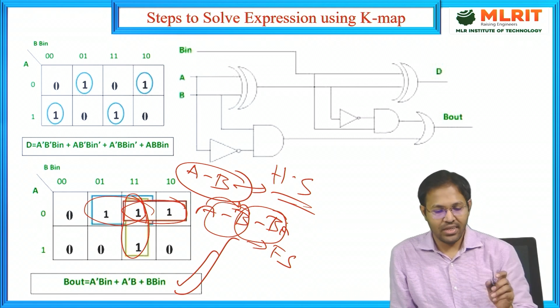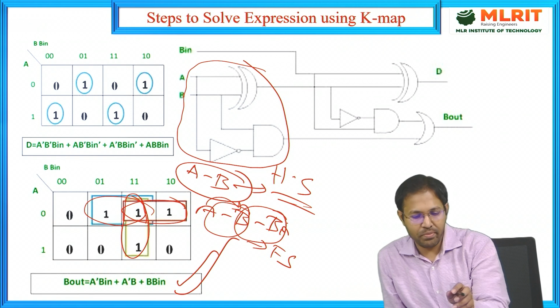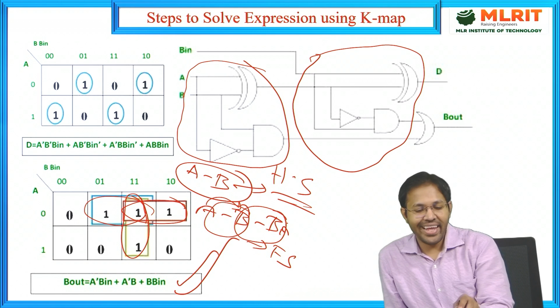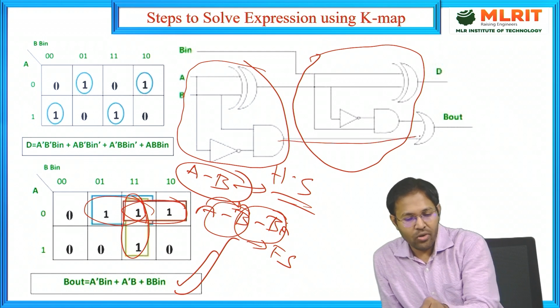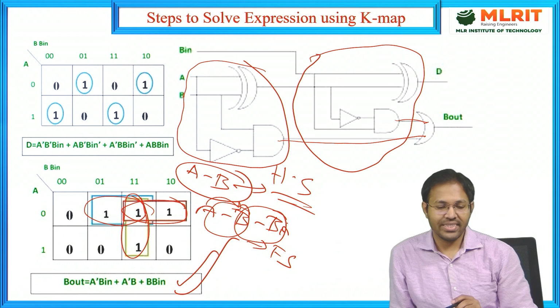That's the reason we are making use of 2 half subtractors, and then we are taking the borrow out for the first case and the borrow out for the second case.